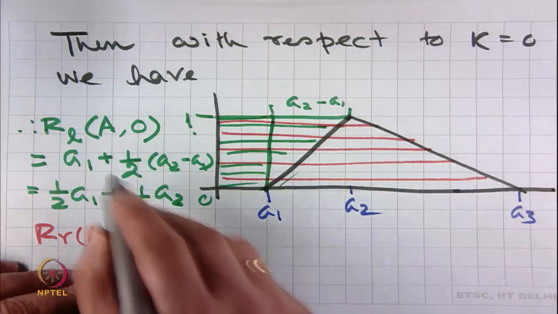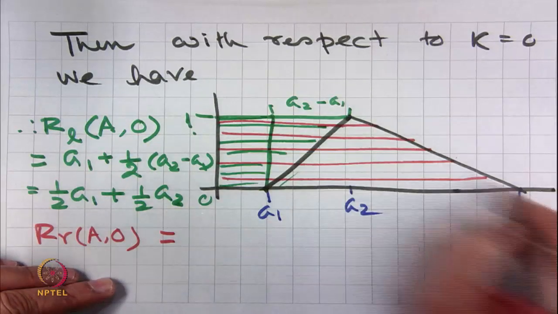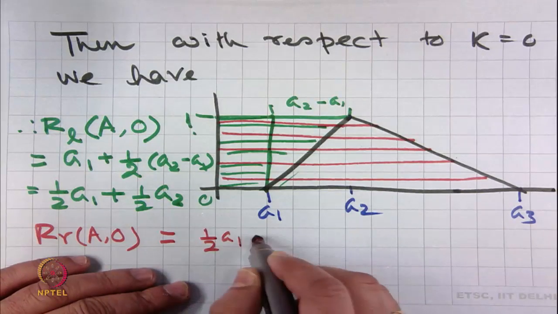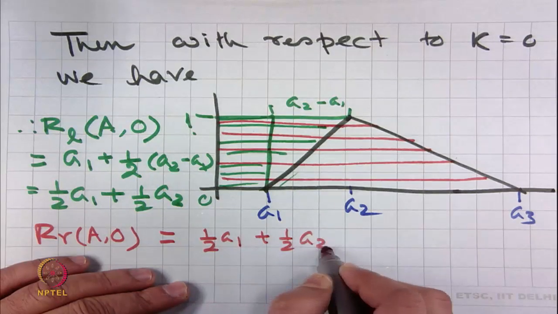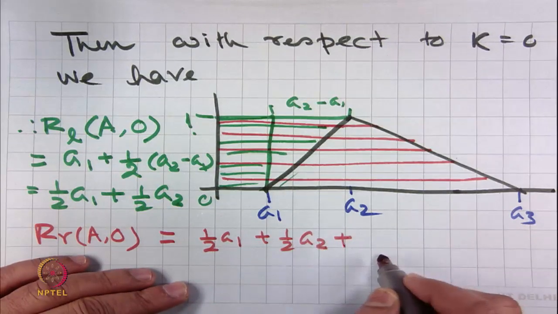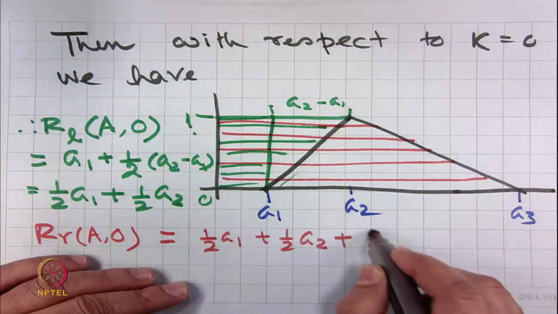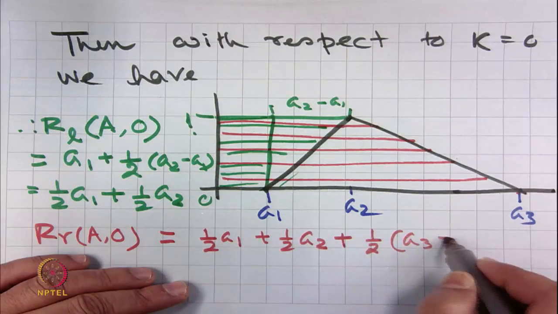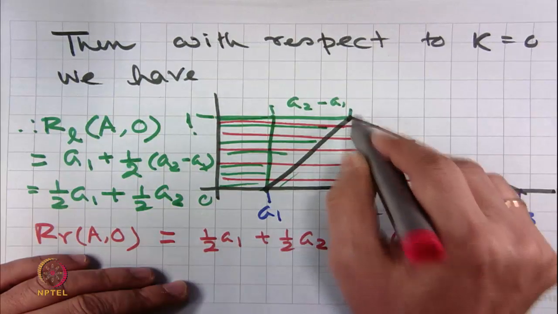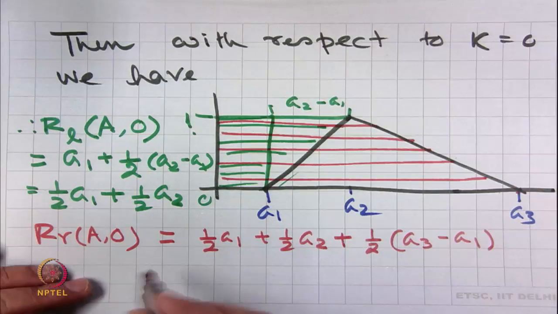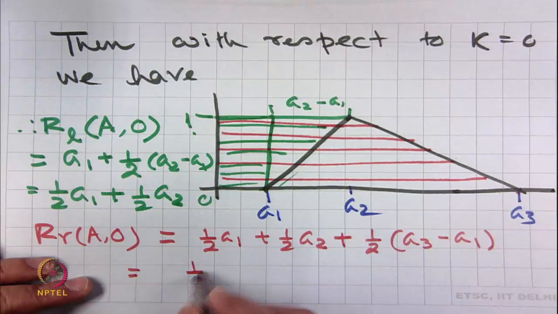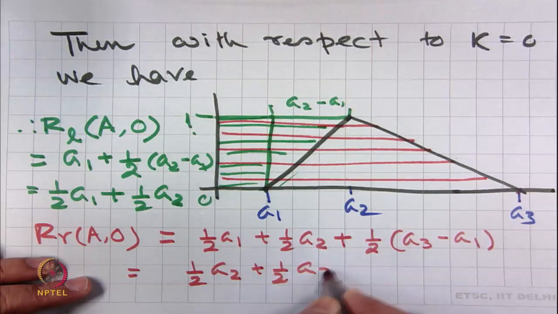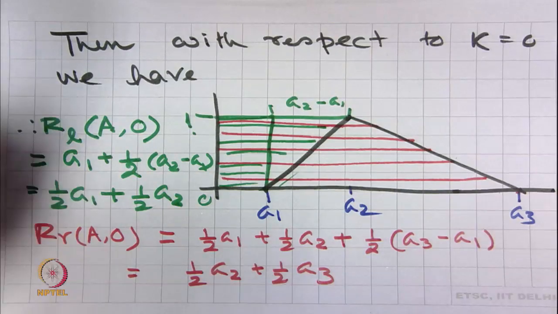So, this is equal to the same area plus the area of this triangle, which is half of A1 plus half of A2 plus half of A3 minus A1 multiplied by 1, which is the altitude, is equal to half of A2 plus half of A3, because this gets cancelled.